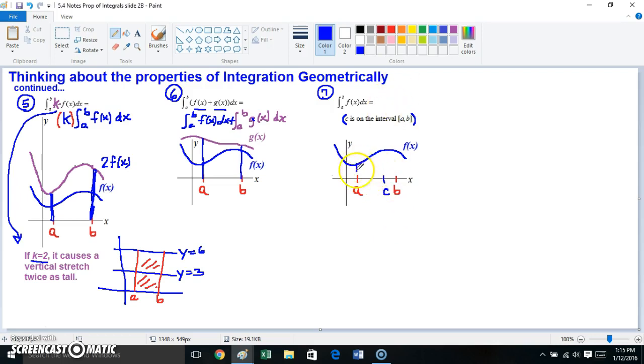So what we're looking at is breaking up the interval, and we could describe the sum of two integrals, the integral from a to c of f of x dx, plus the integral from c to b of f of x dx, as equivalent to the integral from a to b.